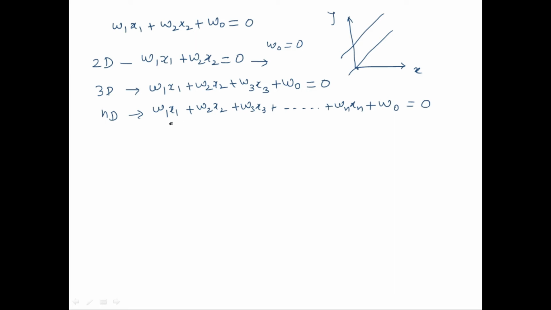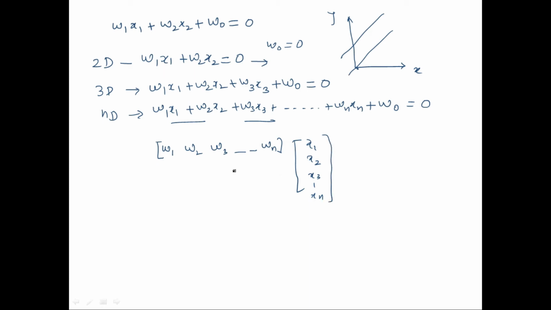Okay, we can write this equation in the form of a matrix also. How can we write this? Let's suppose w1, w2, w3 up to wn is a row vector, and x1, x2, x3 up to xn is a column vector.